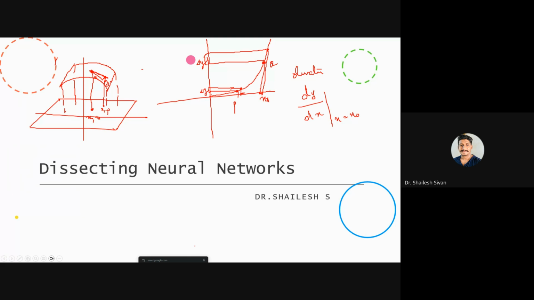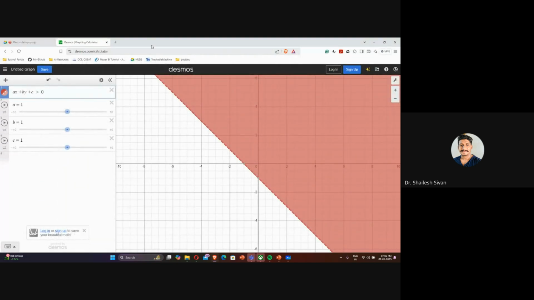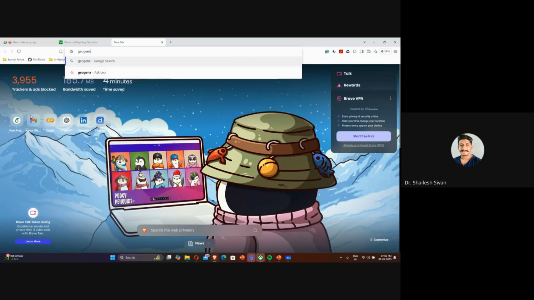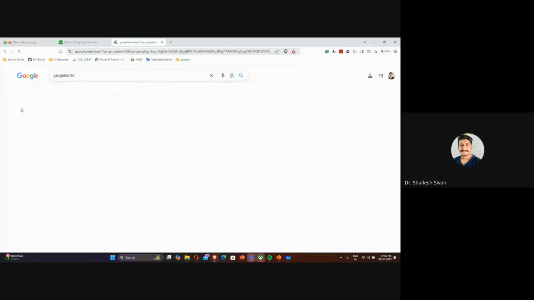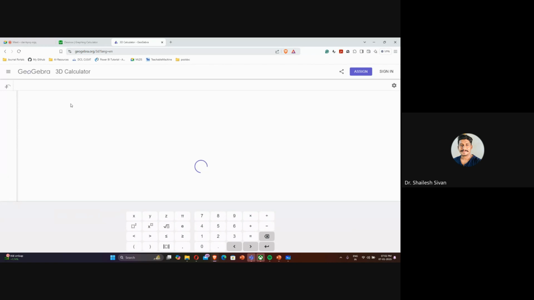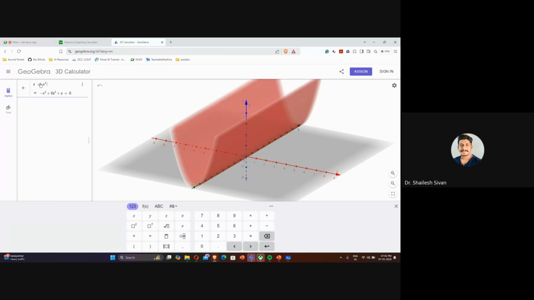I can demonstrate it using one more example. There is another tool called GeoGebra, GeoGebra 3D, and I'm plotting z equal to x square plus y square.